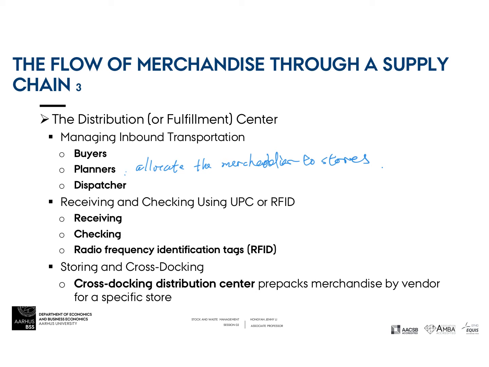There are different technologies. This distribution center receives the merchandise and checks the quality of the merchandise, and uses radio frequency identification tags to check the orders or the merchandise through the system. UPC is a Universal Product Code.